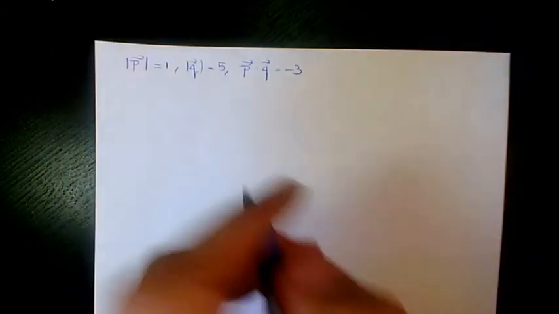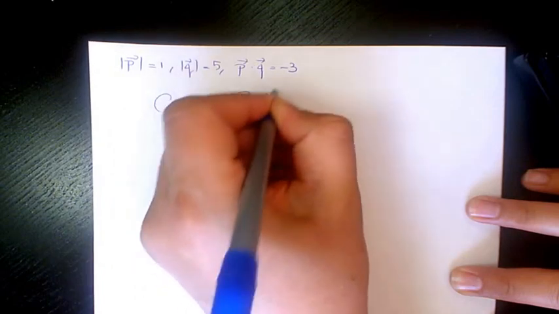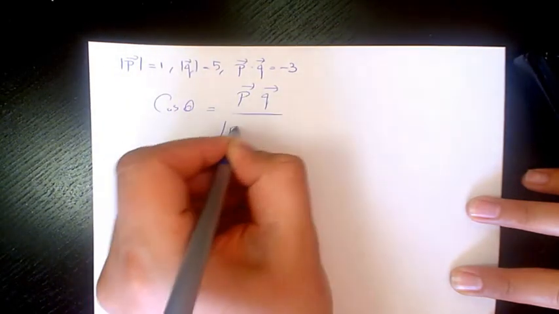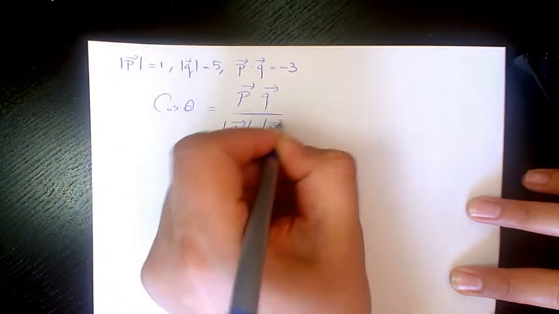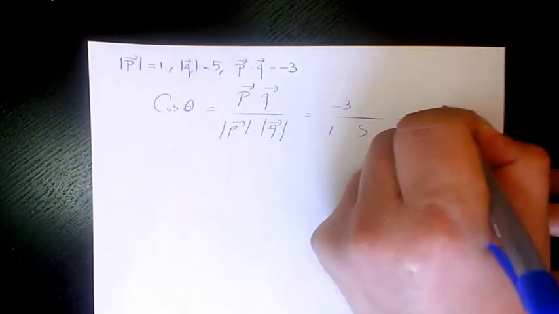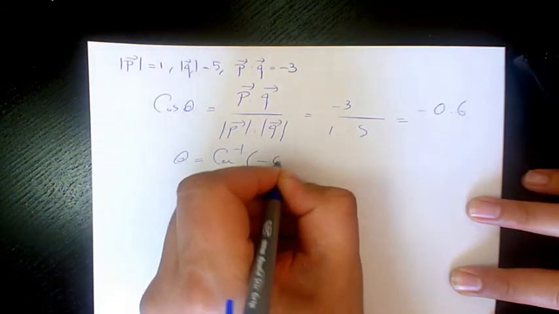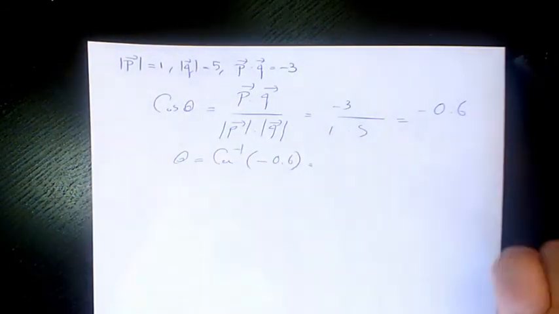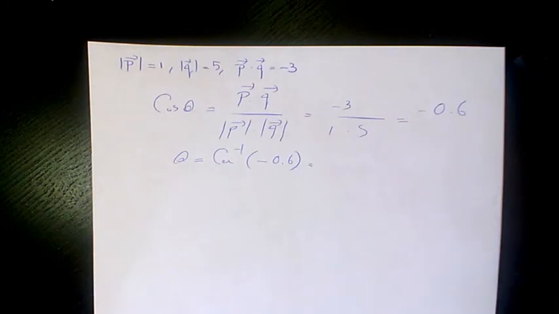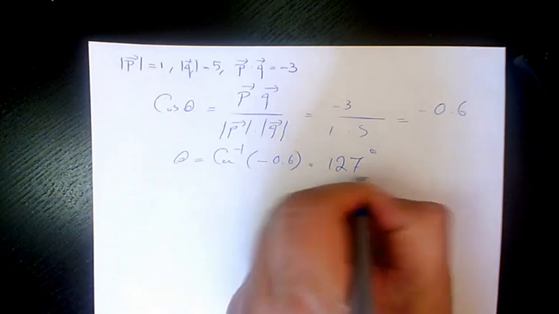Next one, cosine theta equals p dot q divided by the magnitude of p times the magnitude of q. So it's going to be negative 3 over 1 times 5, which is negative 0.6. So theta is cosine inverse of negative 0.6. That's going to be 127 degrees.